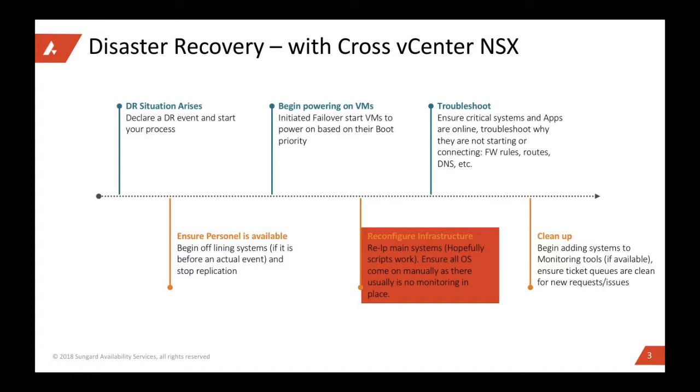So with cross vCenter NSX, everything under the edge is the same. IPs are the same, firewalls the same, and we'll get into more of that as we go on. But I'm still going to have to reconfigure a few things, right? My edge devices, but my scope has been considerably reduced, which means my troubleshooting window, my RTO, is now much better.